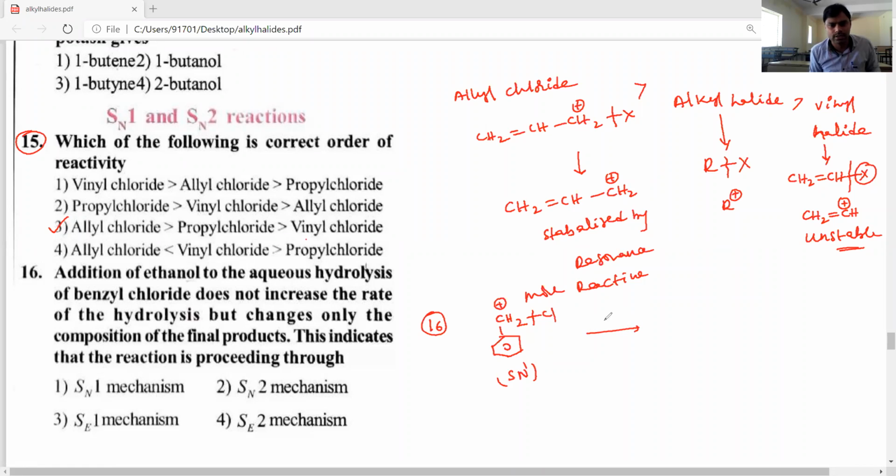The reaction is hydrolysis in the presence of ethyl alcohol.